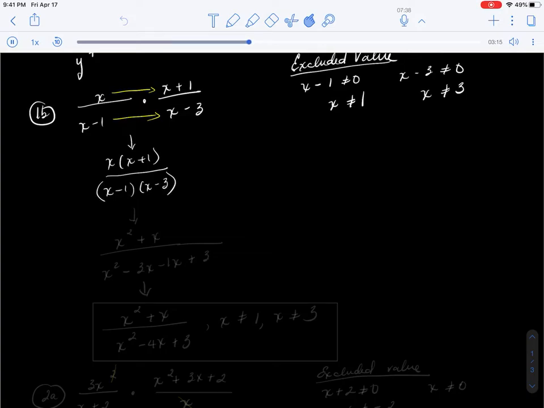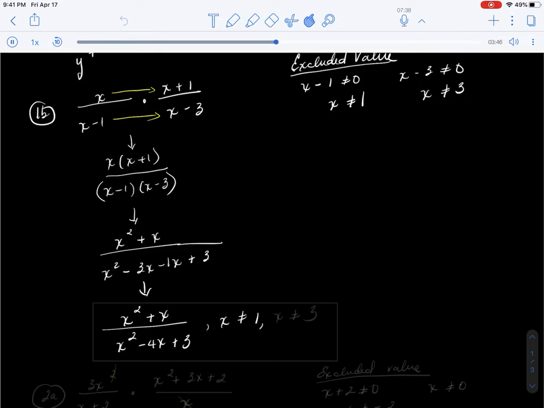You can leave it as it is, but I like to bring it all the way down. It's going to give me x squared minus x over x squared minus 3x minus 1x plus 3. So that's going to give me x squared plus x over x squared minus 4x plus 3, with my exclusion of x cannot equal 1 or 3.